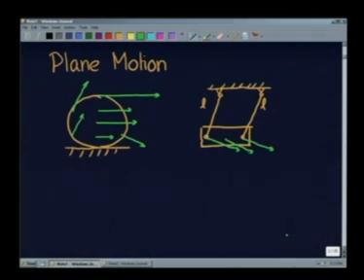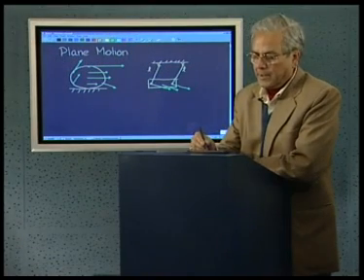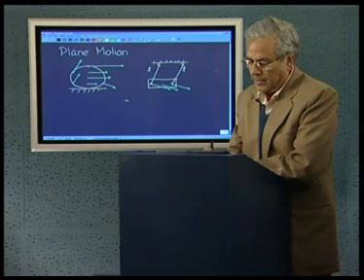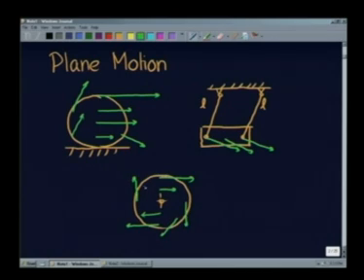But again there is a subtle difference between these. I will take another simpler case where a wheel is rotating about a fixed hinge. In that case the velocities of various particles will be like this. So, there are three types of plane motions, as you can see here.